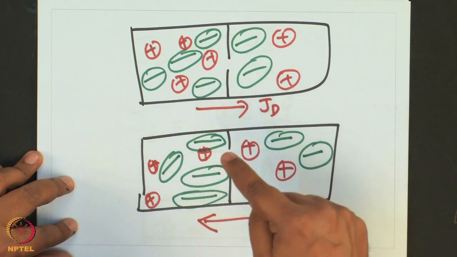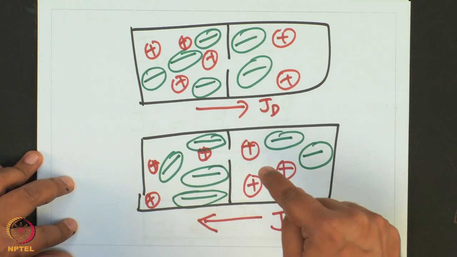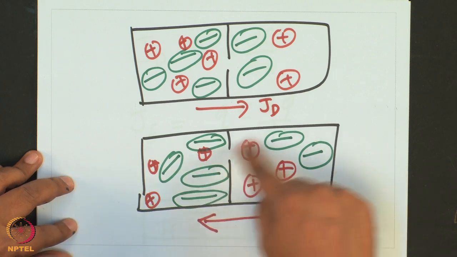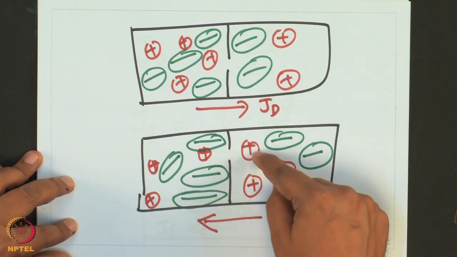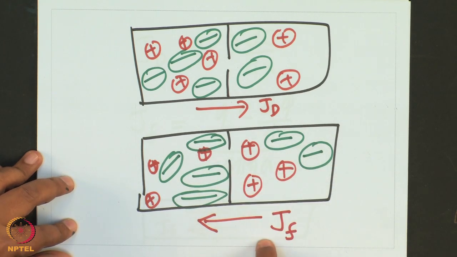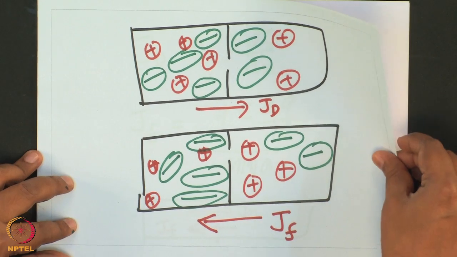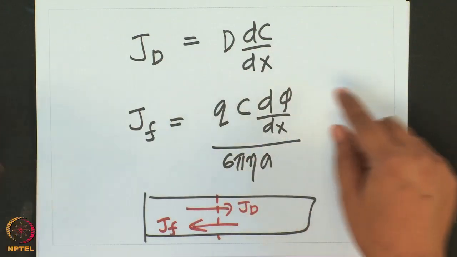When there are more negative ions on this side and positive ions are more on this side, there is an electrostatic potential difference, so this plus would be pulled back, and that flow is Jf. These two flows will balance, and their magnitudes are this. So let us equate these two magnitudes.